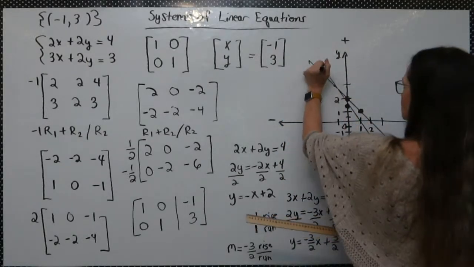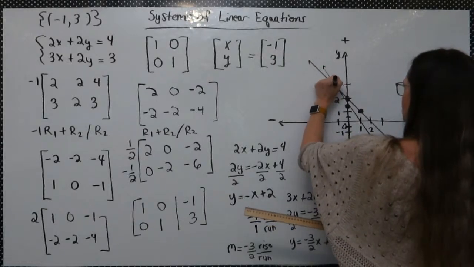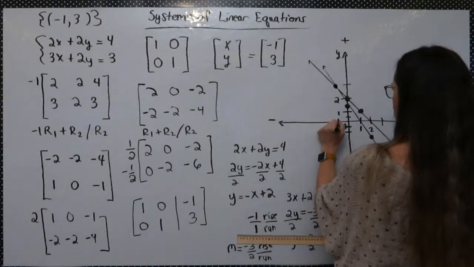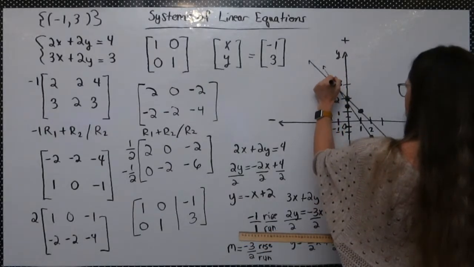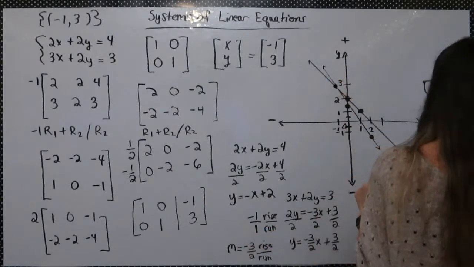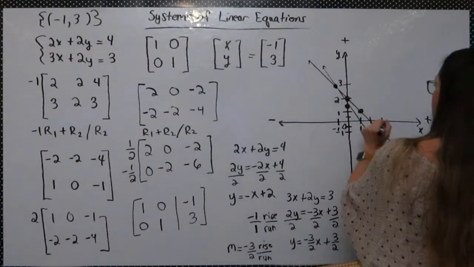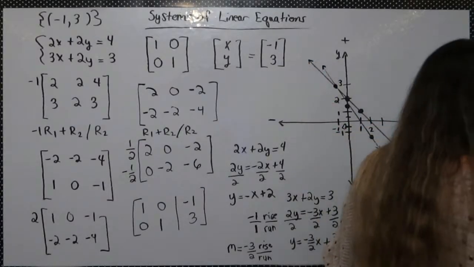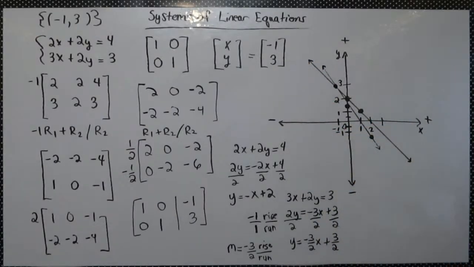Also, you can always plug these into your Desmos, your graphing feature. And so that's (-1, 3) here. Perfect. So there's your intersection. And you can see visually with Desmos or your graphing calculator, you'll be able to locate that intersection pretty quickly.